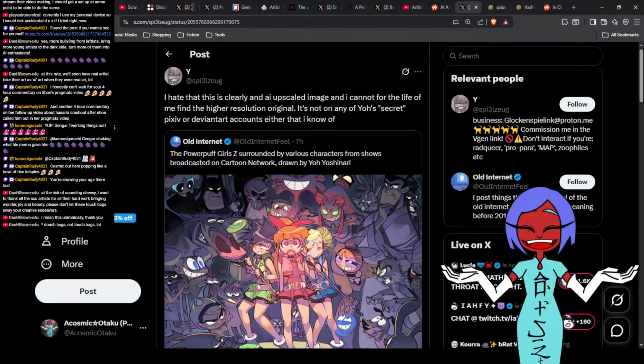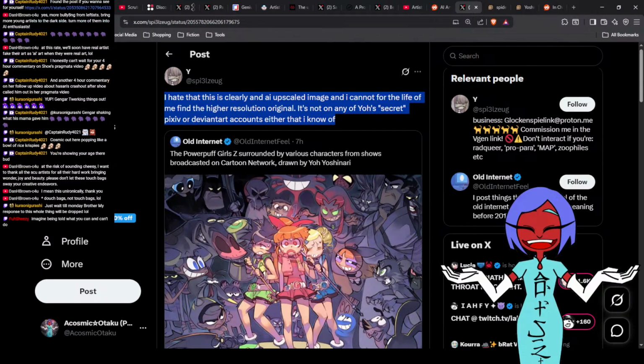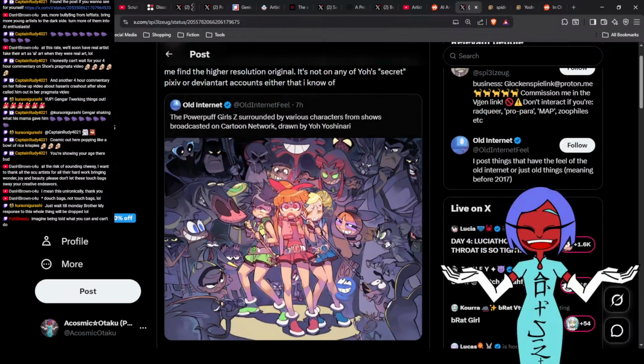Here we have Y saying, I hate that this is clearly instead of an AI upscaled image, and I cannot for the life of me find the higher resolution original. It's not on any of Yo's secret Pixiv or DeviantArt accounts either that I know of. And this is the example picked from old internet, by the way, right?